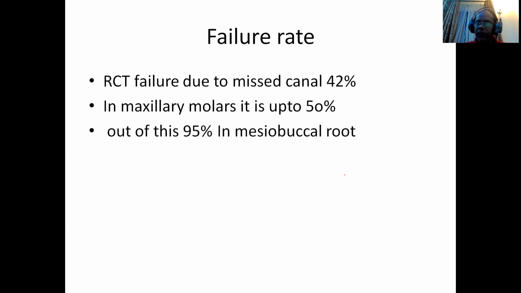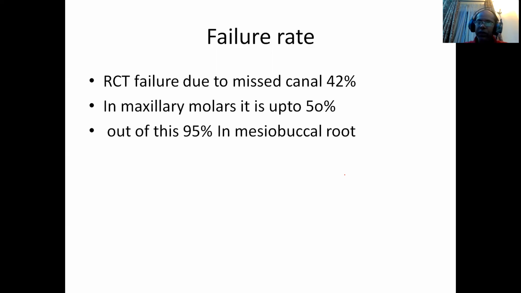If there are three roots, distal, palatal and mesobuccal, mostly the failure is in the mesobuccal root, which is why we are discussing this MB2 canal.